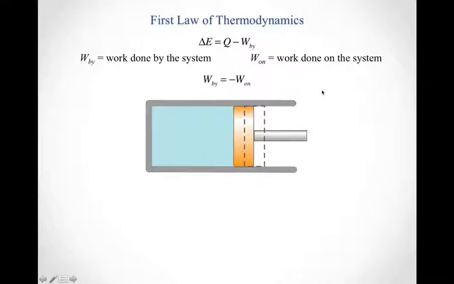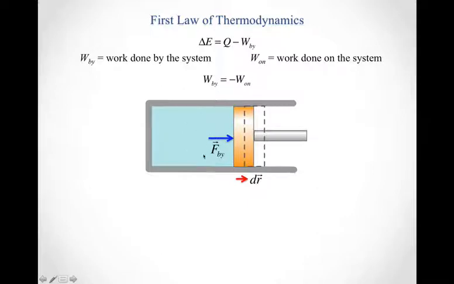So where does this work come from? Let's think about a system that's sitting inside some cylinder. There's a piston head that's holding that system inside the cylinder. The system is represented by the blue here, and the piston head can move. Because my system inside the cylinder is at some pressure, that pressure is going to generate a force against the piston head.